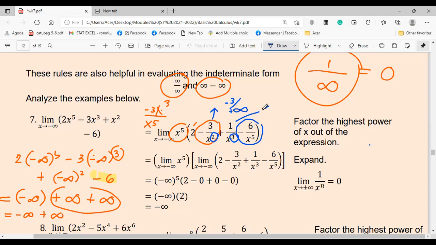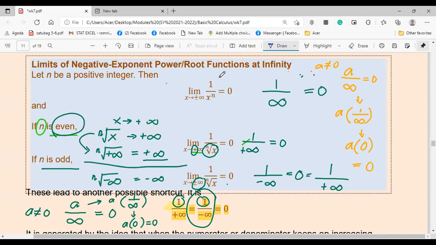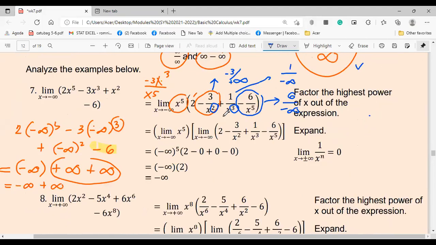This also, 1 over x cubed, becomes 1 over negative infinity, because the cube keeps the negative as its dominating sign. Meanwhile, this becomes 6 over negative infinity. All of them will go to zero. Why? Because they follow what the rule says. The rule says that when your denominator keeps increasing and your numerator is constant, its value goes to zero. That is the reason why, class, this becomes 0, this 0, and this also 0. So all of these are removed.